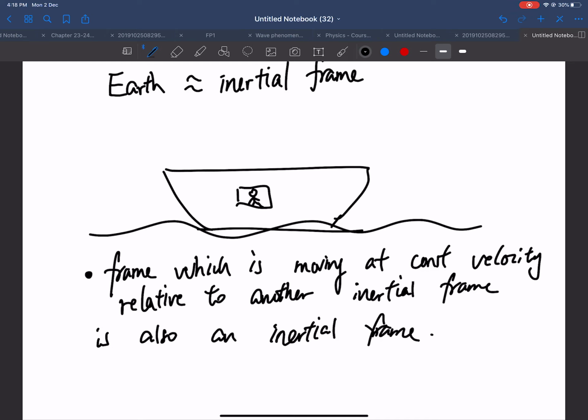That means the Earth is roughly an inertial frame. If you're driving a car at constant velocity, your car is also an inertial frame. Actually, that means there's no absolute space. You have learned something about special relativity, and initially everyone thinks that there's something called absolute space.